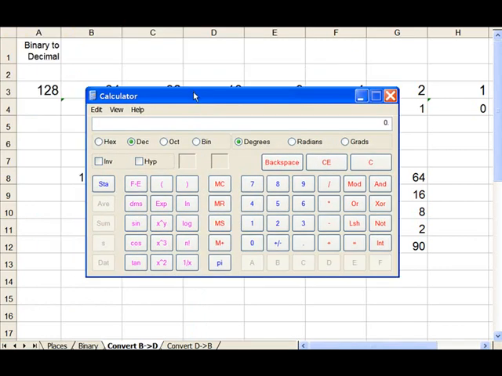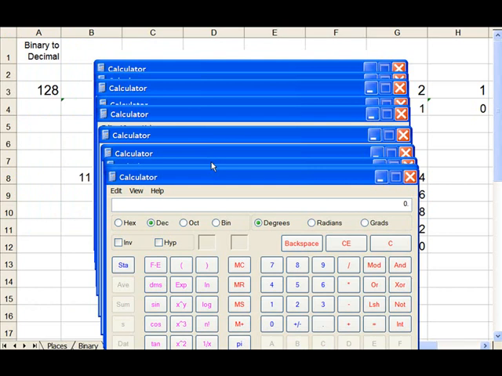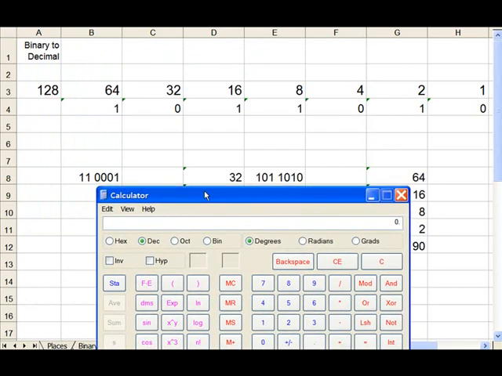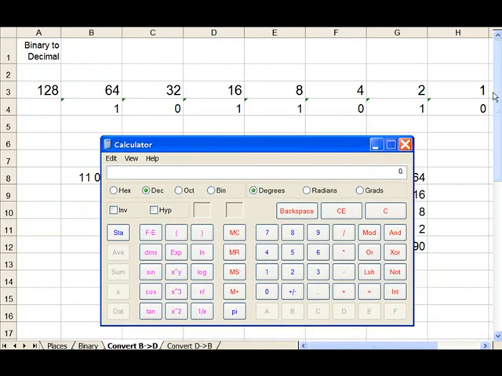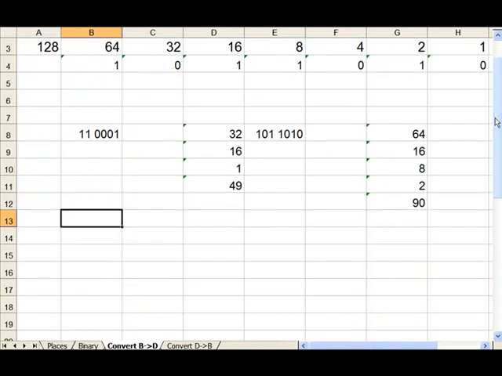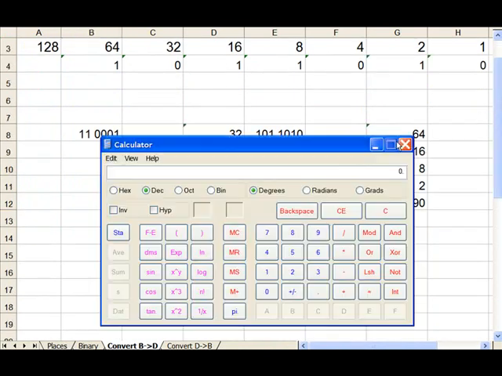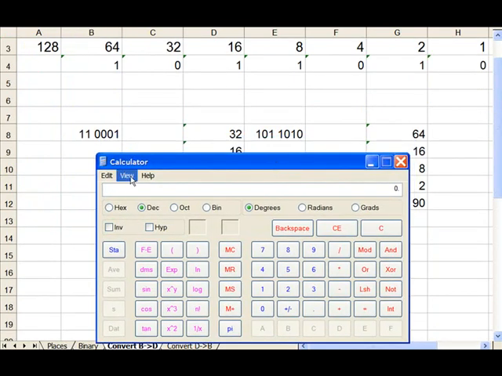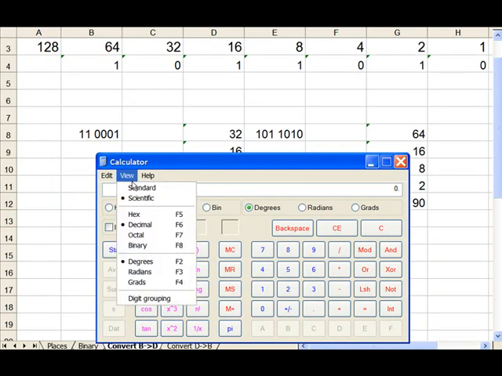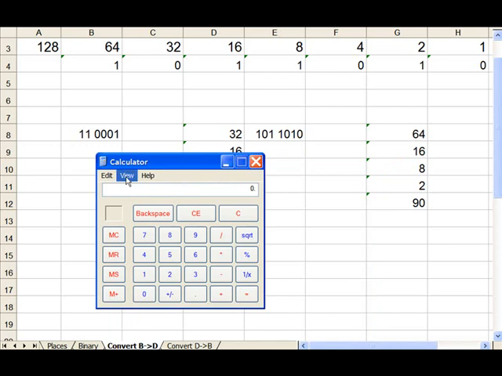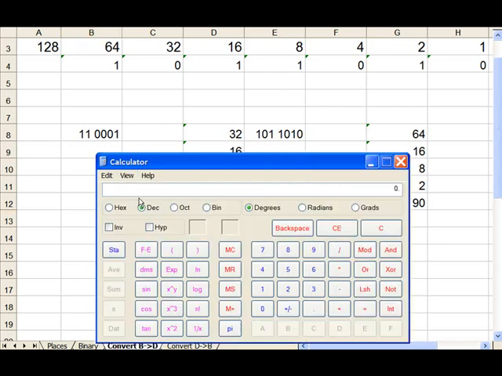So here's the calculator that comes in Windows. Can I move it around a little bit so that you can see our conversions? The calculator has a View menu where you can change it between Standard and Scientific.